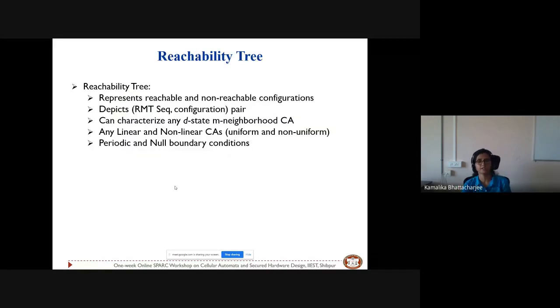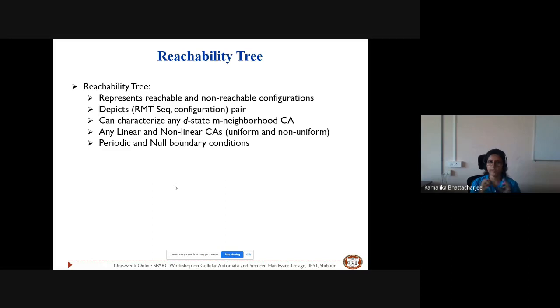Now we can define the reachability tree. The reachability tree is a tree which represents all reachable and non-reachable configurations of the CA. So how do we define it? For the tree, we combine the RMT sequence with the next configuration.